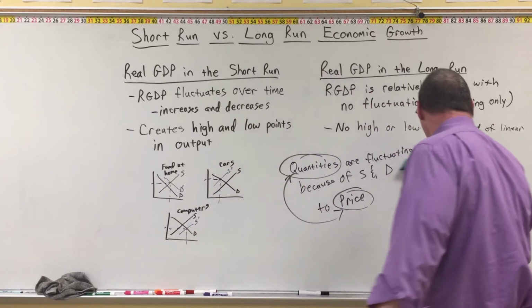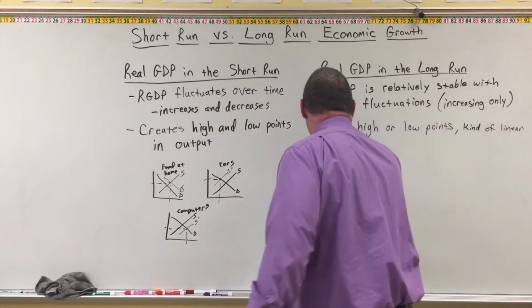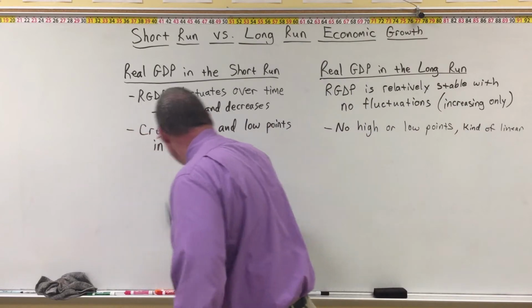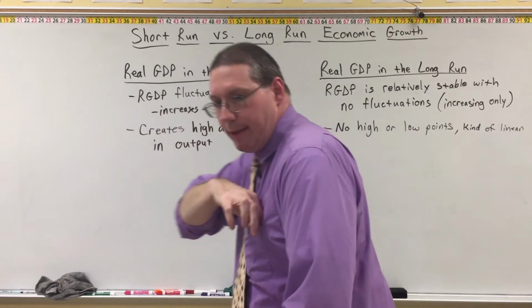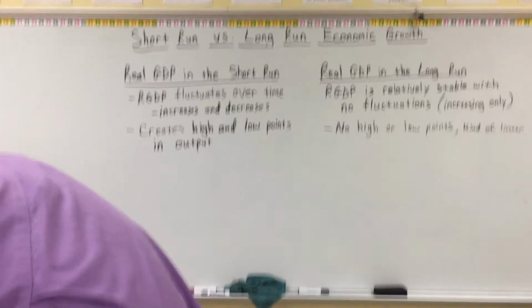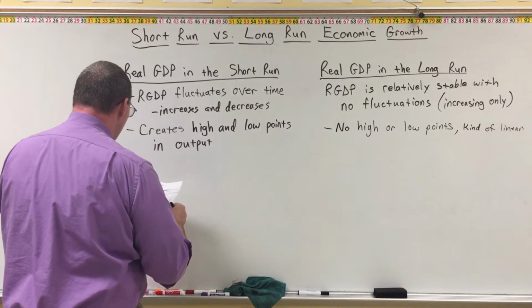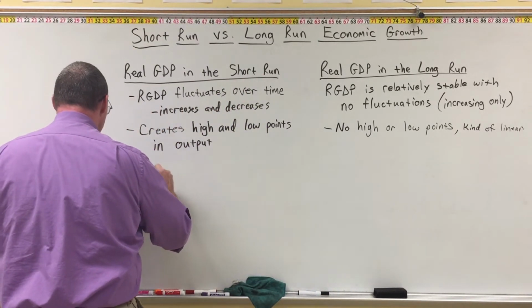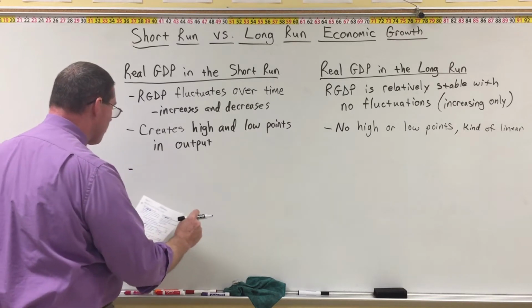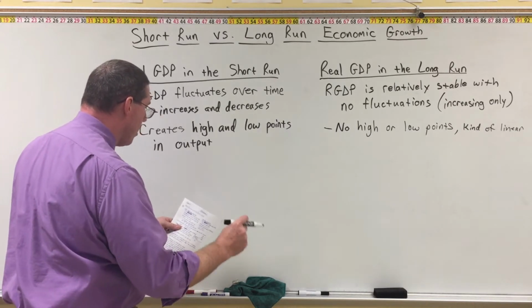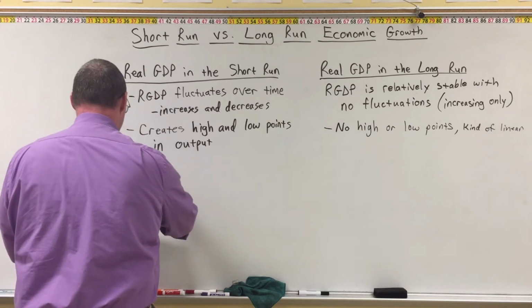And that's because output is influenced by prices. Let me write that down here. Real GDP in the short run is influenced by prices as buyers and sellers make decisions in all of the markets.